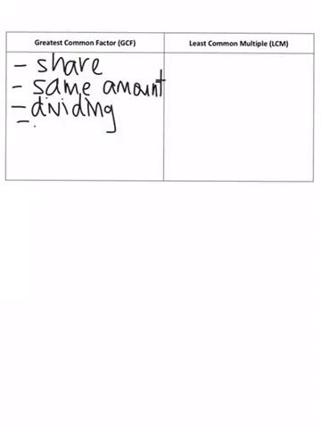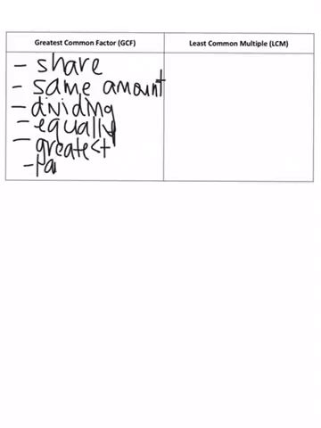Again, you might see that word of equal or equally. And then some of our other keywords that we look for would include greatest, largest. So again, sharing, looking for the same amount, dividing things up into equal parts, looking for that phrase of greatest or largest. You might also see that keyword each, how many items would go in each bag or each basket.